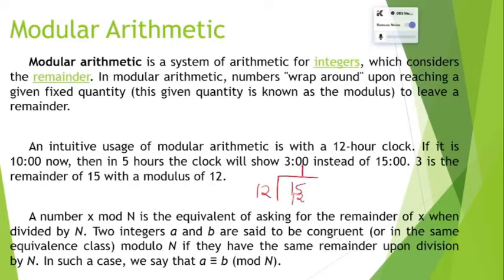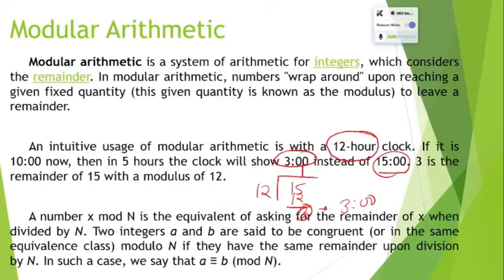So that is 12, and we have a remainder of 3. Therefore, instead of 15 o'clock or 1500 hours, what we see on the clock is 3 o'clock, if we use a 12-hour clock.